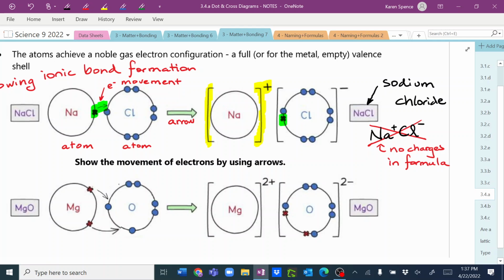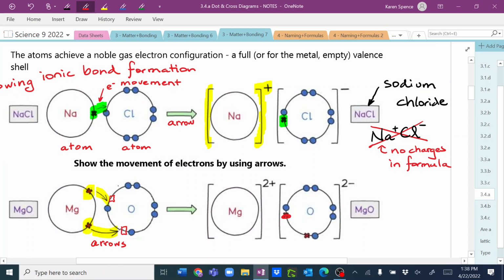So we show the arrows showing the movement of the electrons, and then we show that the electrons have moved to their new place. Because oxygen gained two electrons, it is 2 negative, so we need to put the brackets and the charge. Magnesium is 2 positive, brackets and the charge.